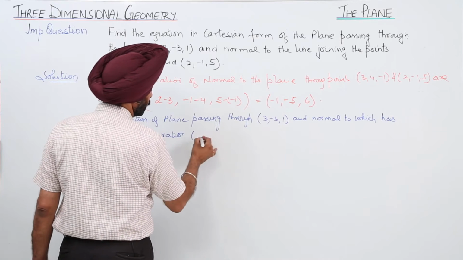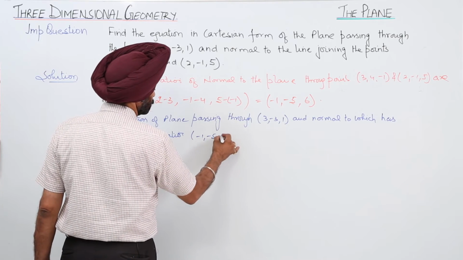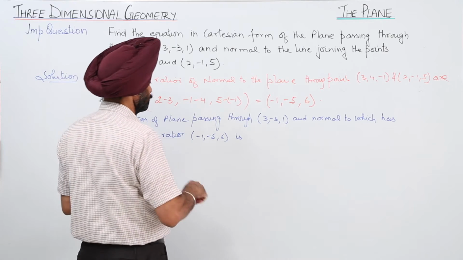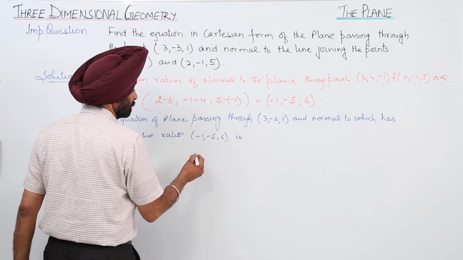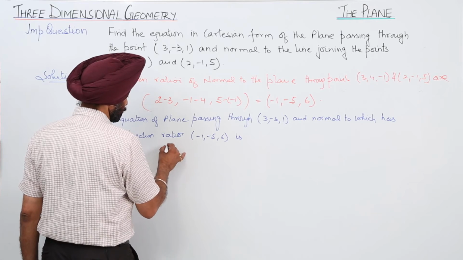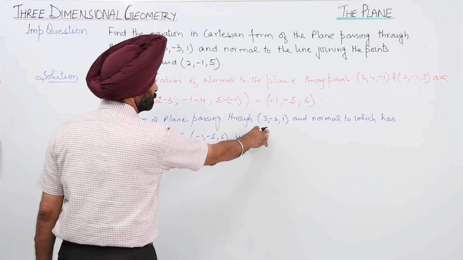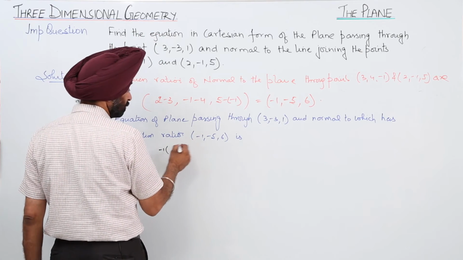What we got is minus 1, minus 5 and 6. Now minus 1, this one minus 1, and it passes through (3, -3, 1).